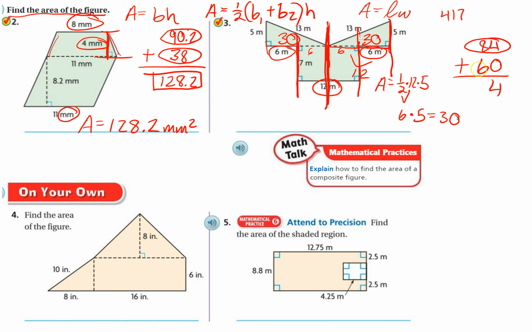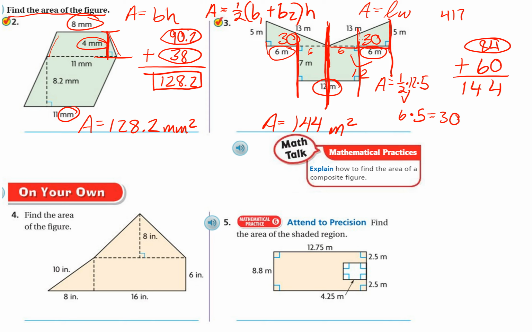And then 8 plus 6 is 14. Did I do that right? Yes. Okay. So the area of the entire figure is 144, and it's meters squared.